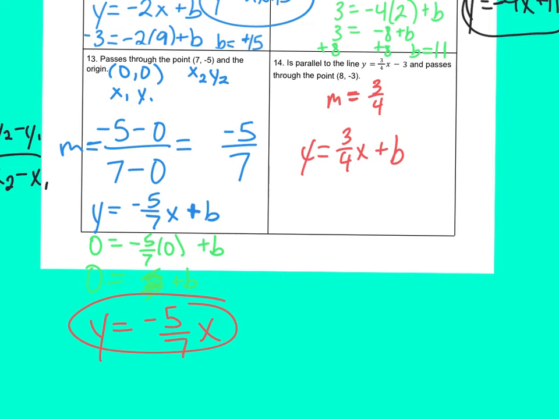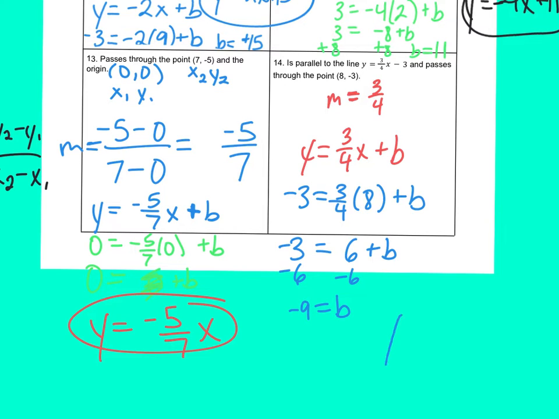What should I do? -3 equals... 3/4 times 8. 6. What's b going to be? -9.